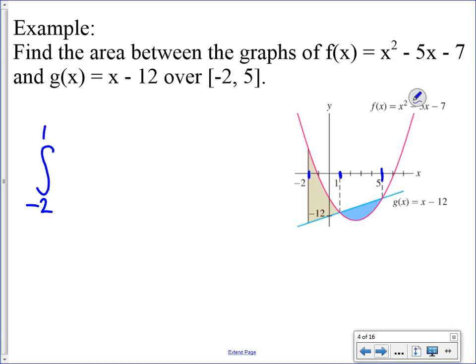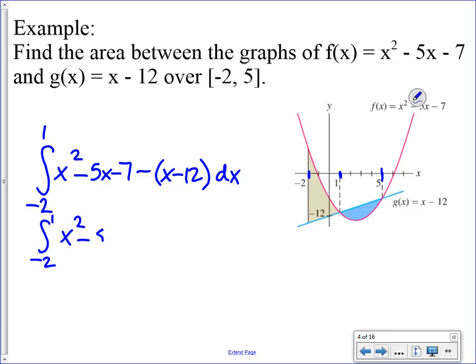And in that case, we'll have x squared minus 5x minus 7 minus x minus 12. And then, of course, we can just simplify that. So from -2 to 1, this will become x squared minus 5x minus 7 minus x plus 12.